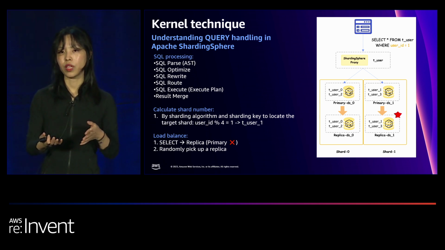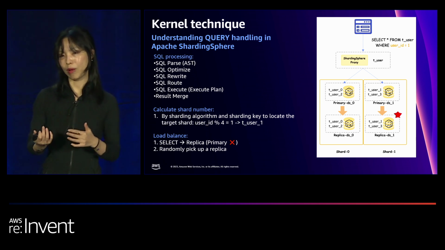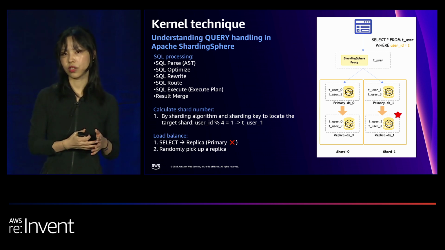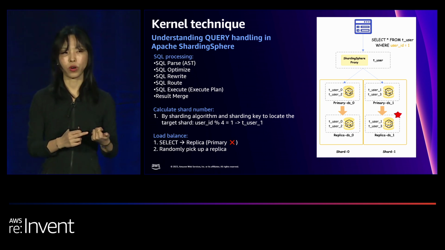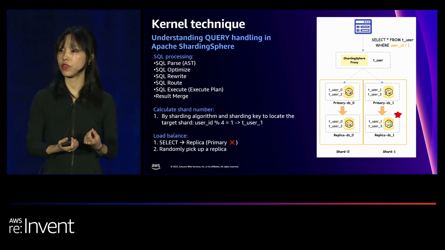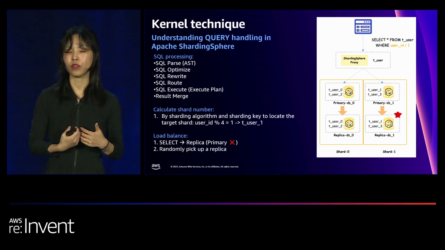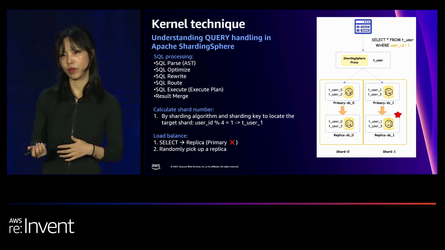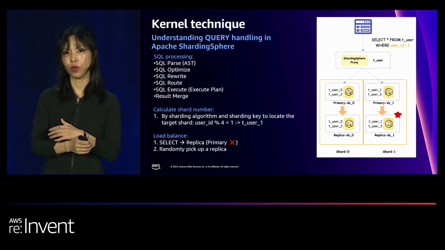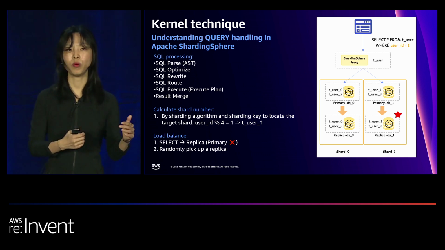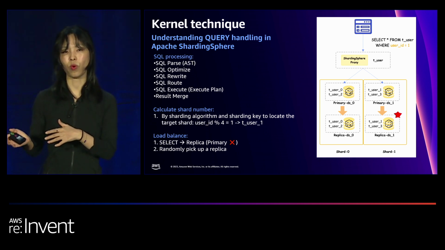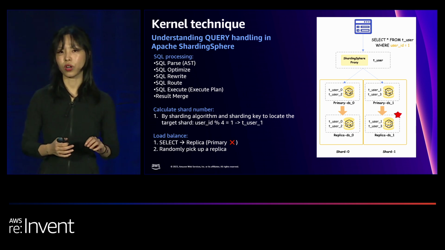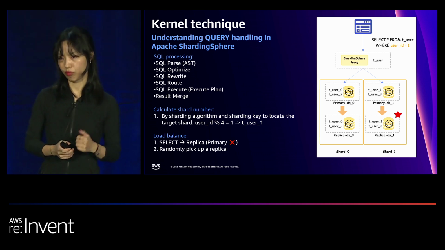But if there are maybe 2 or 3 replicas in this shard cluster, then it will use some strategy, for example, round robin, or just randomly pick one of the replicas to run this SQL. That means it can help us automatically do the load balancing stuff. Our applications don't care about all of that. They just pick the proxy and tell it, hey, please get the data. And then the remaining work will be done by ShardingSphere proxy.